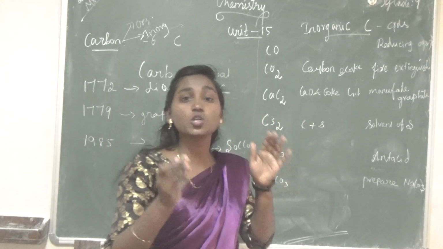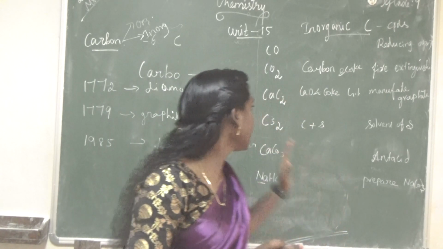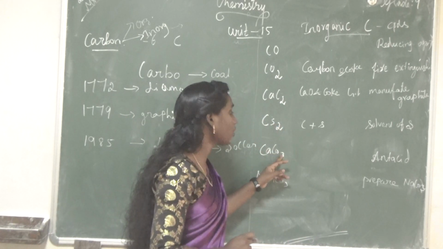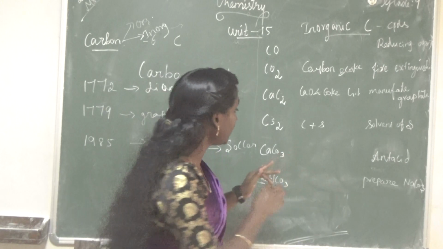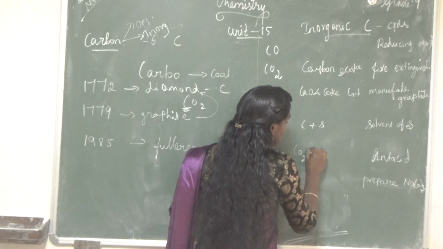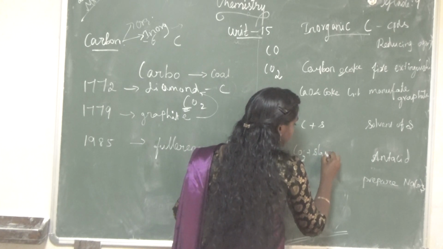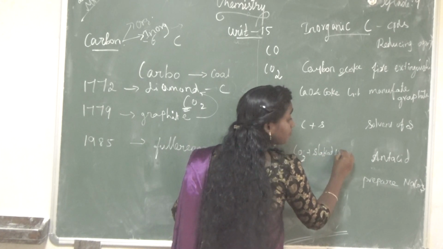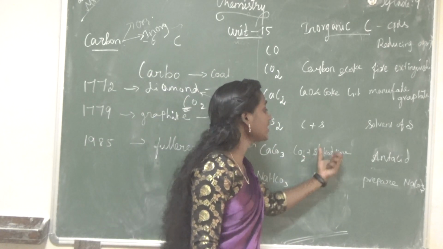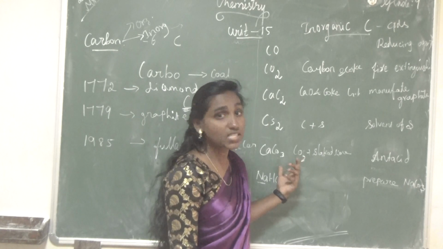When we mix carbon and sulfur, what is formed? Carbon disulfide. And calcium carbonate is formed by passing carbon dioxide in slaked lime. By passing carbon dioxide in limestone water, calcium carbonate is formed.